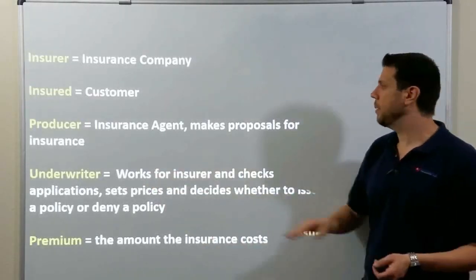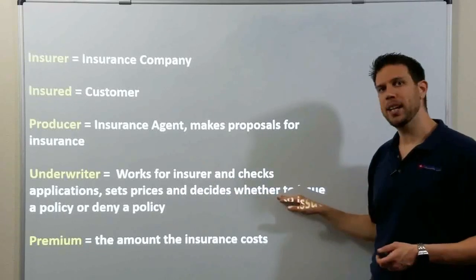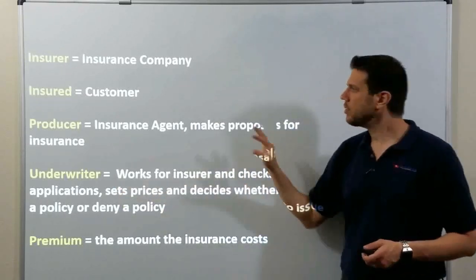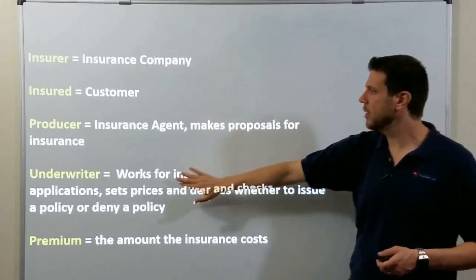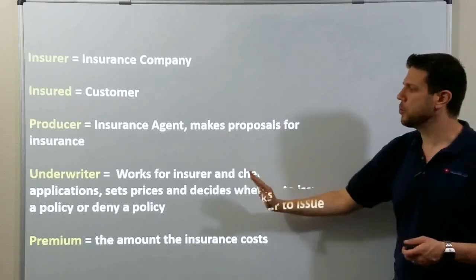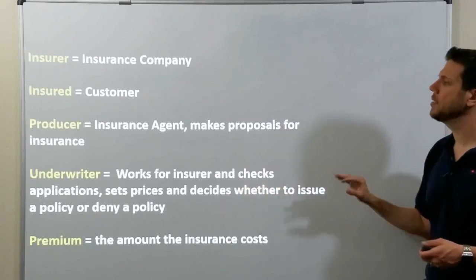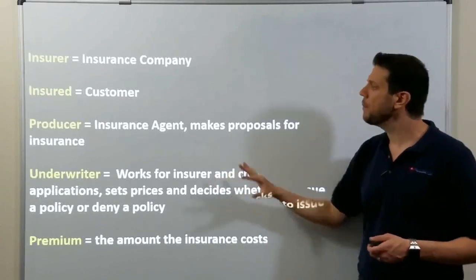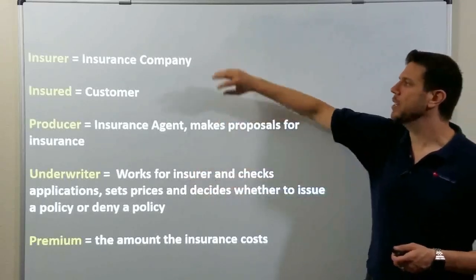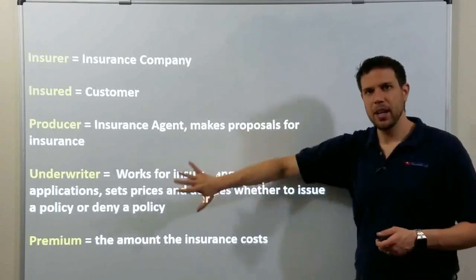The underwriter's job is to check over our application. The underwriter is the one that sets the price. We just quoted the price. The underwriter actually sets the price. The underwriter then decides whether to accept the policy, deny the policy, or issue it or decline it. Then the underwriter sends that information back to us, then we sell it to the customer.